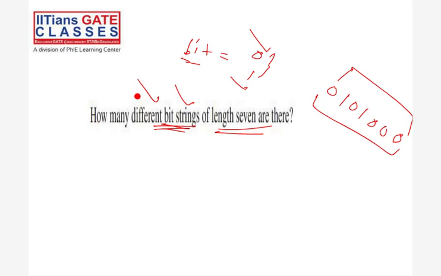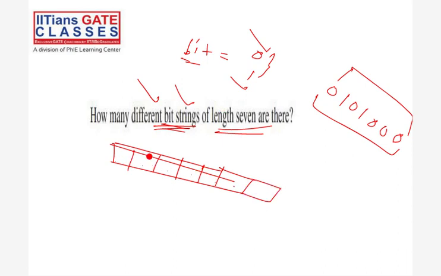Basically, we have a task, and our task is to create a 7-length string. I can divide this task into 7 tasks: I will create the first bit, then the second bit, then the third bit, and so on until the last bit.